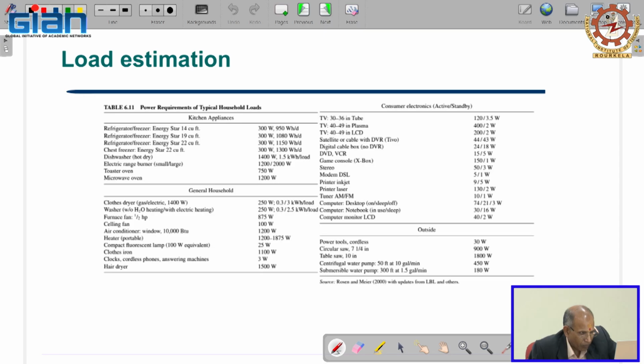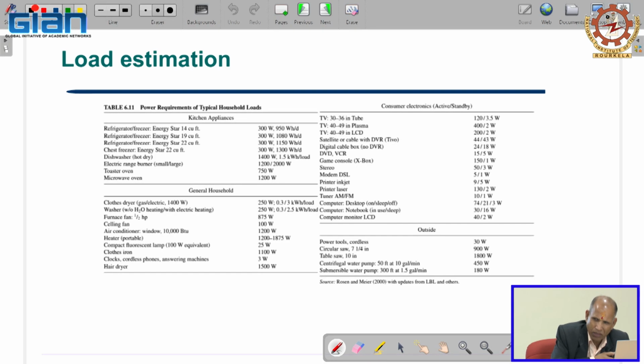So for example, you need to know the power requirement for, say, a typical household, or maybe different types of load.